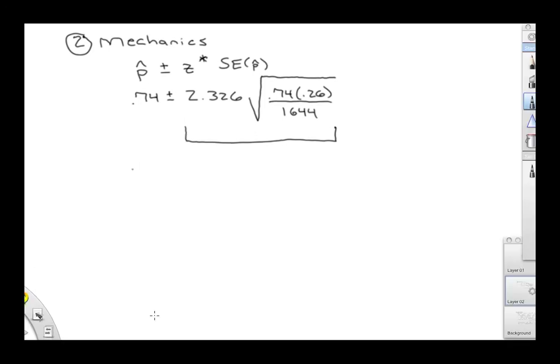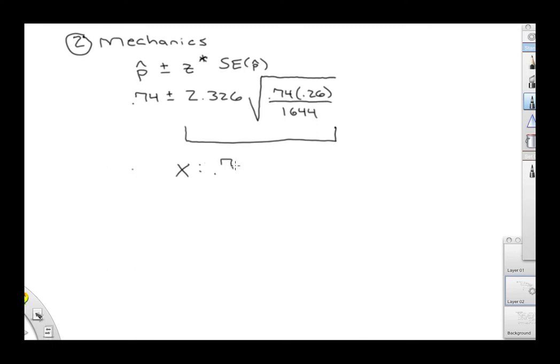Okay, now that I've got my calculator, we're going to go to stat, arrow over to tests, and scroll through the menu to find one proportion z interval. It's under part A. So you click on that, one proportion z interval. Now, for x, you need to enter the number of successes. That's the same thing you did when you did n times p.